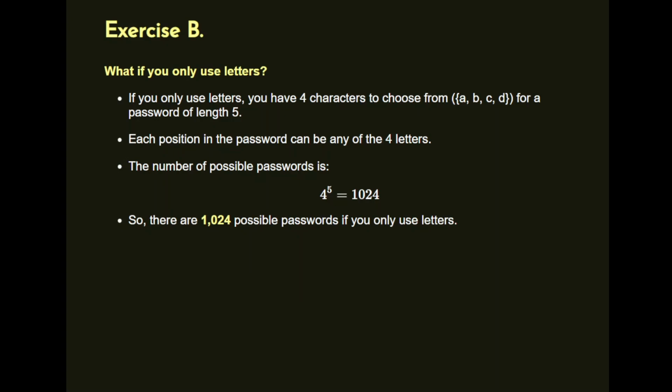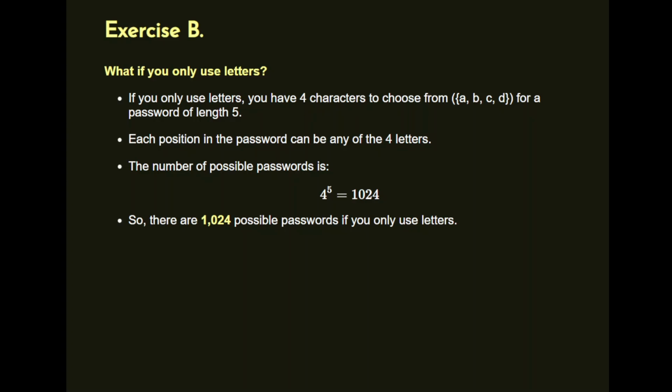So exercise B. What happens if you only use letters? Well, if you only use letters, you have 4 characters to choose from, A, B, C, D, for a password of length 5. Each position in the password can be any of the 4 letters. So you can use all 4 letters or one particular letter 5 times. For example, you can have CCCCC, that's an example of a valid password in this case, or ABCDD.